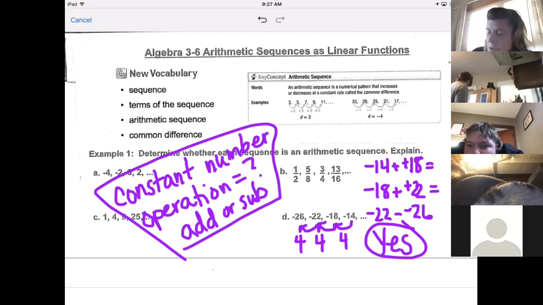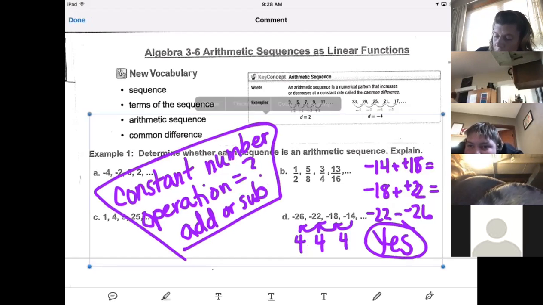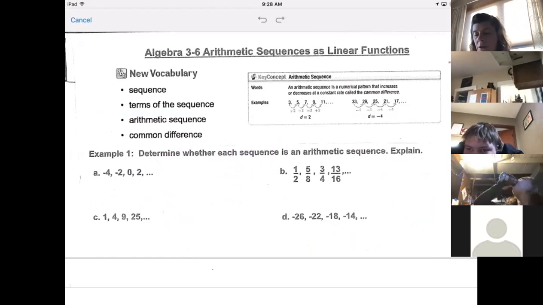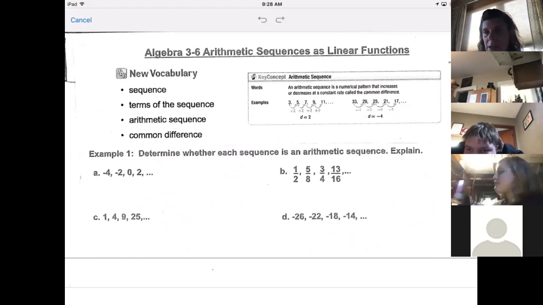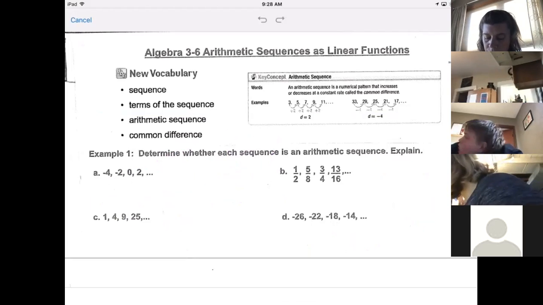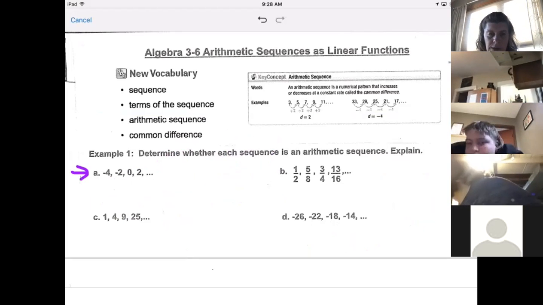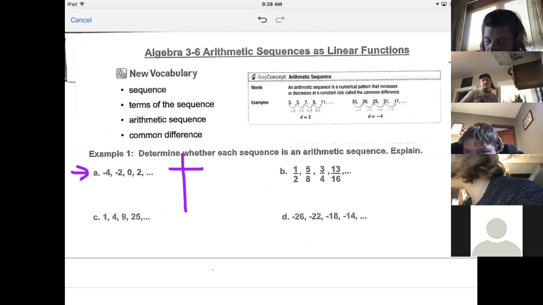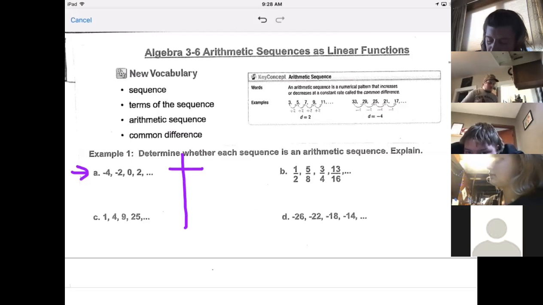Interestingly enough, here, let me do this. This is all bonus. We are taking these arithmetic sequences later on and making it into a linear function. I'm going to show you how we do that. Remember how letter A was, the answer to that was yes, it was an arithmetic sequence. I could put this in a t-table. So this would be my term number, which is actually going to be called A1.